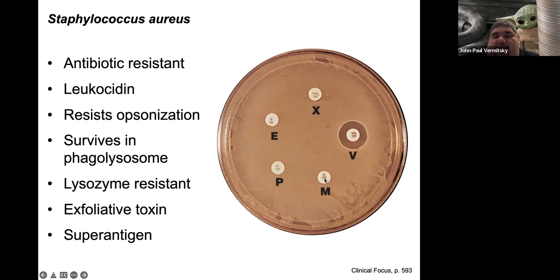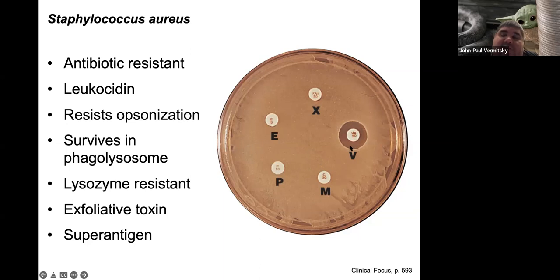Once the drug hits the agar, it will diffuse into the agar, and the further away from the disc, the lower the concentration of drug. So if the drug has an effect on the bacteria, you'll see what we call a zone of inhibition. What this is telling you is that the drug is inhibiting the growth of the bacteria.